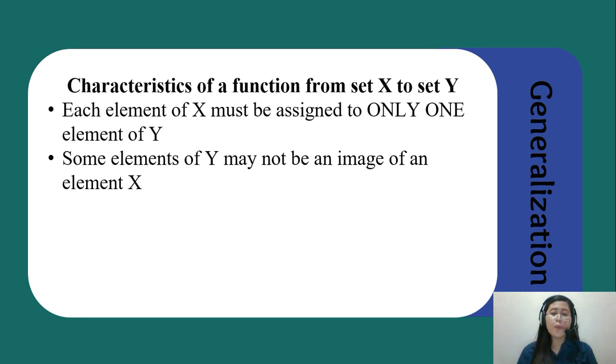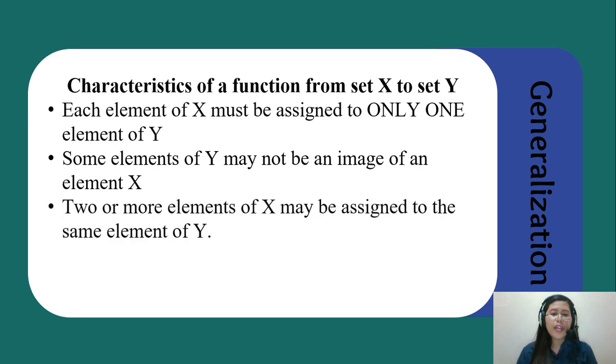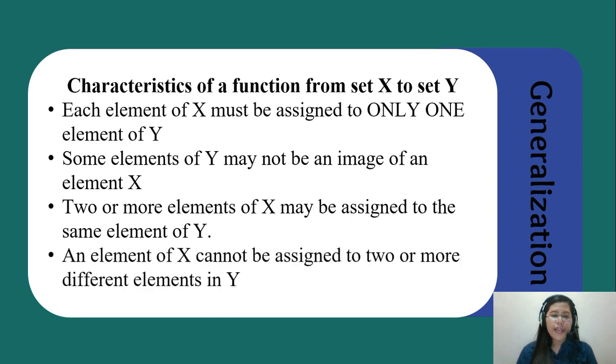Sabi ko nga po kanina, si y, wala pong bearing sa pag-identify kung ang given relation ay function. Two or more elements of x may be assigned to the same element of y. And the last one, an element of x cannot be assigned to two or more different elements in y. Kasi nga po, bawal pong maulit si x. Okay? So, hindi po siya pwedeng ma-assign.